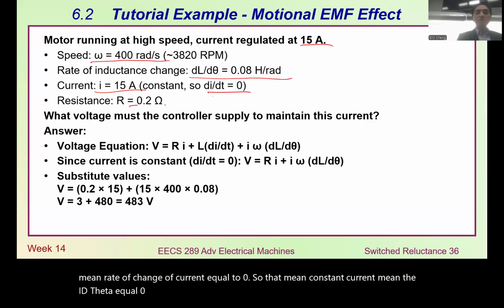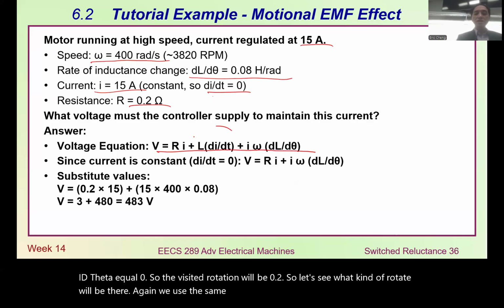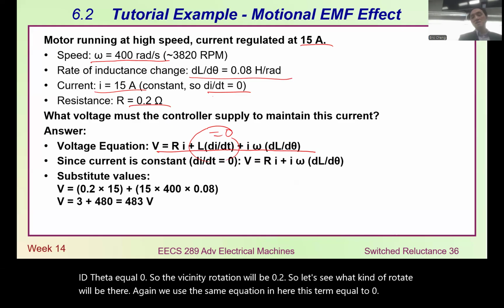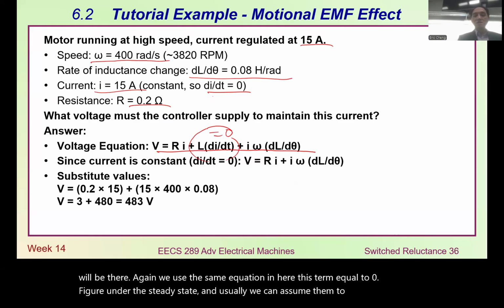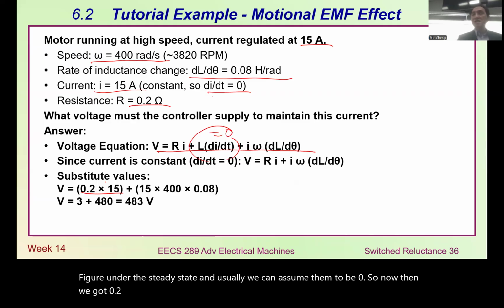The resistance will be 0.2. So let's see what kind of voltage will be there. Again, we use the same equation in here. This term equal to 0, because under the steady state, usually we can assume it to be 0. So now we got 0.2 multiplied by 15 will be the voltage drop on the winding.